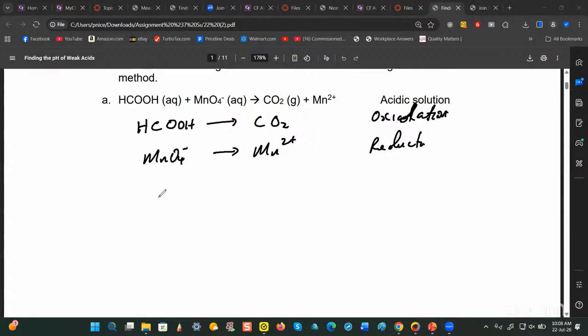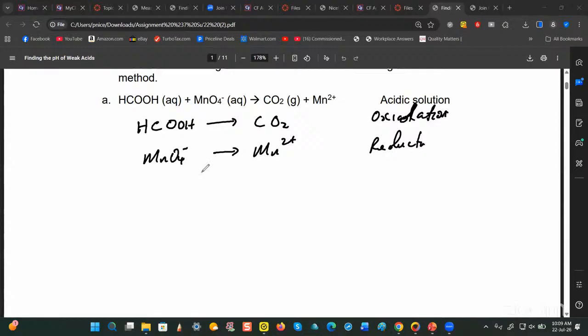We would add the coefficients to the front to make sure the Mn would be balanced, and the C is balanced in CO2. Well, I think the way I have it worded is that you balance all atoms excepting oxygen and hydrogen, right? You balance all atoms in the traditional way, by putting coefficients.